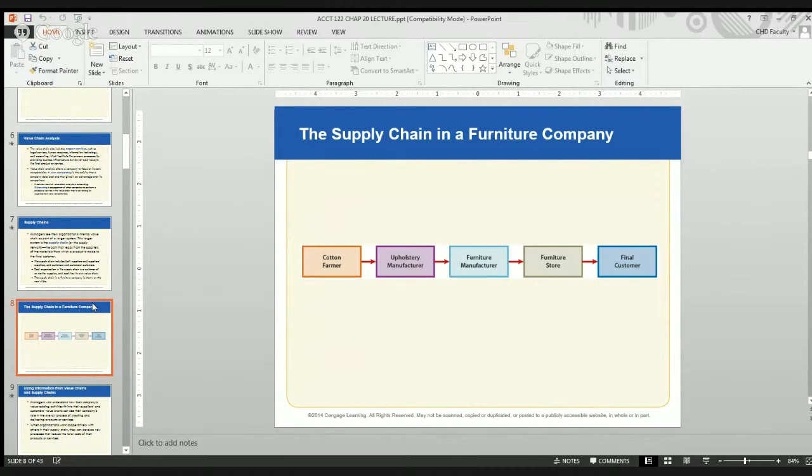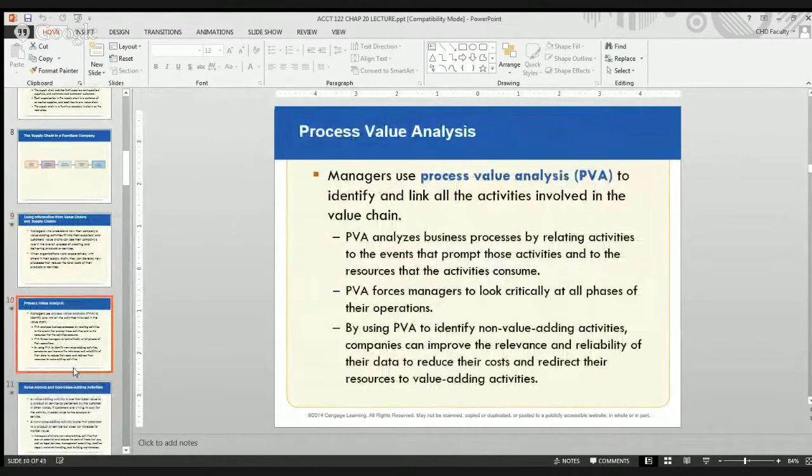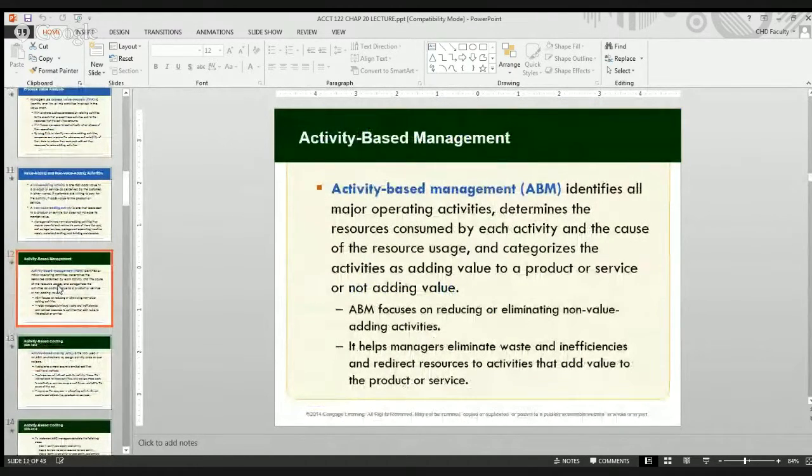So they're going from the cotton farmer all the way to the furniture store to the final customer. So there's that whole supply chain, all of the pieces to the puzzle in manufacturing that furniture. So I want to make sure you take a look at that. Continue through the slides, as well as going through the chapter as well.